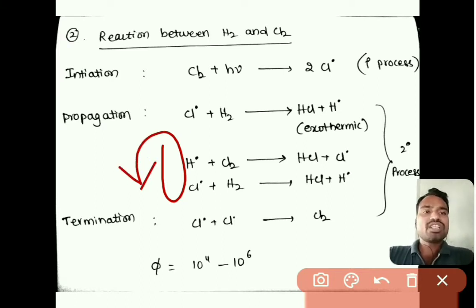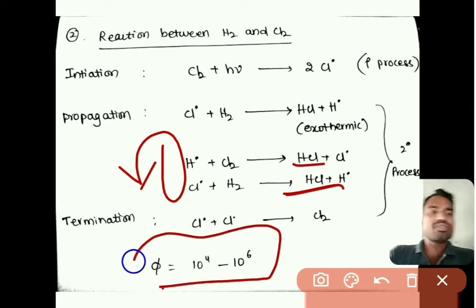So continuously these react with each other to form HCl as a product. So a chain reaction is started. That's why the quantum efficiency for this particular reaction is 10 to the power of 4 to 10 to the power of 6, for the reaction between hydrogen and chlorine forming HCl.